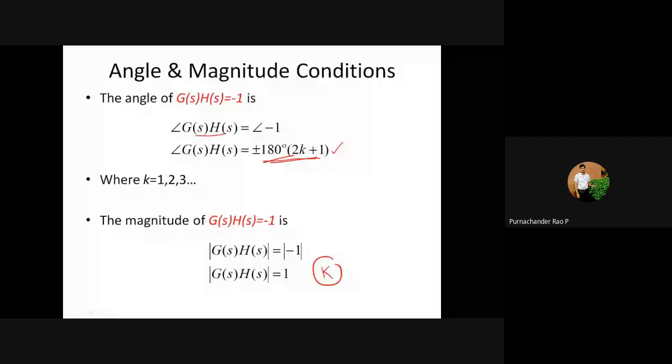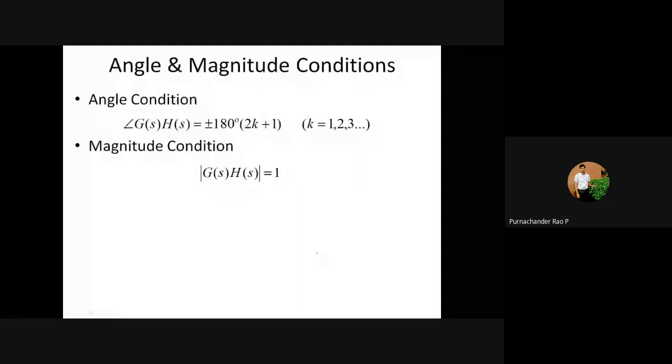Okay, so once you confirm that the root satisfies the angle condition, now this root can be used in the magnitude condition, and then you can estimate the value of K. Here these are the angle and magnitude conditions again.